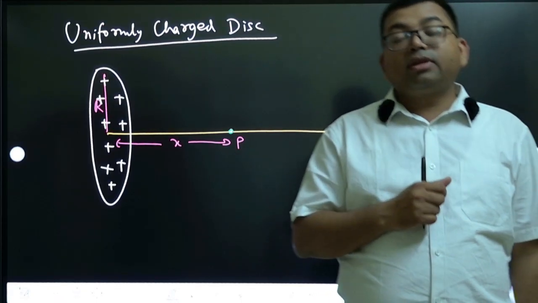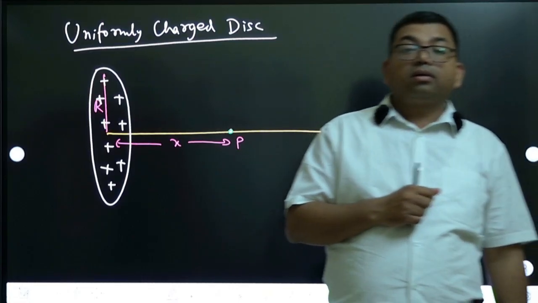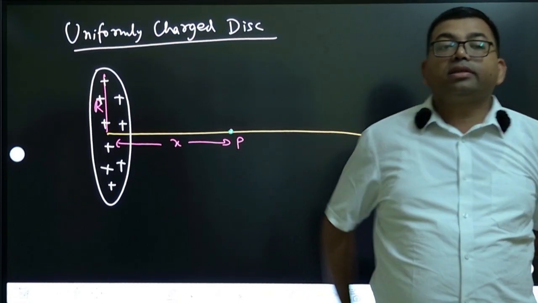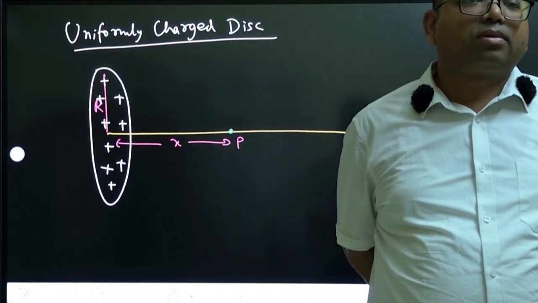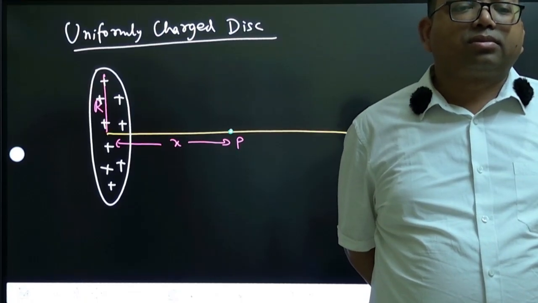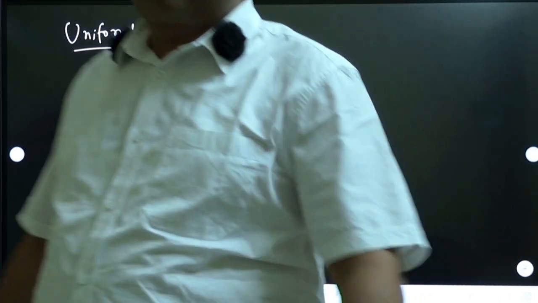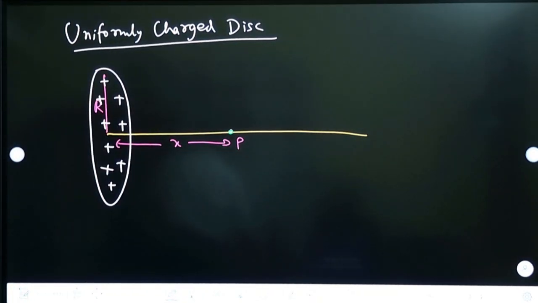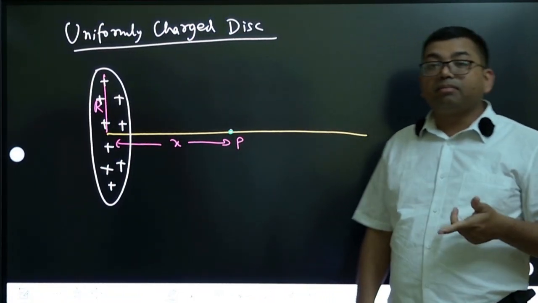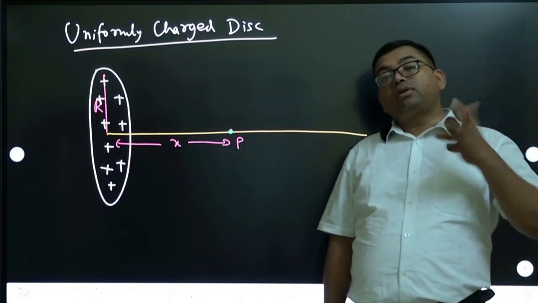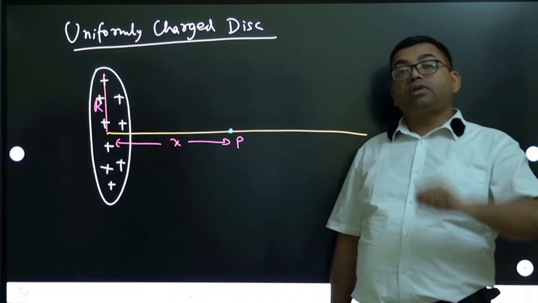So what kind of element can we break this disk into? Yes, what do you think? We can break it into small ring elements, because for a ring we have already done it, so we can use the result of the ring.